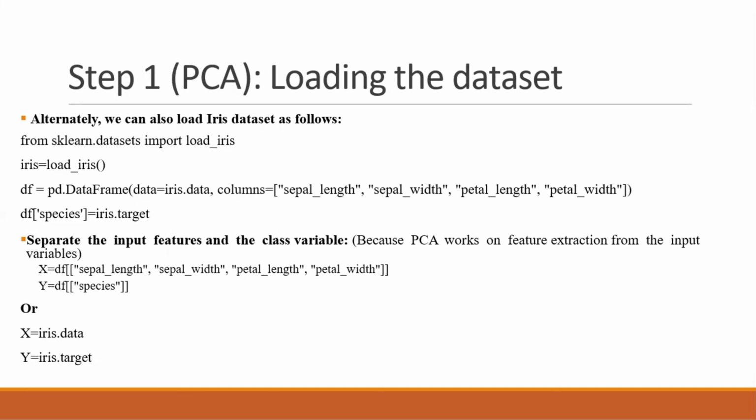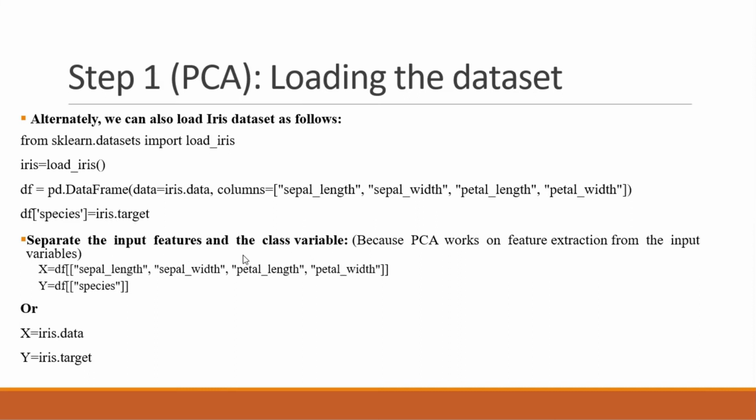But if you want to give the column names, with iris.data and the headings as sepal length, sepal width, you have to actually give all the names. So you can also append the species. Species can be appended in that same data frame by using this command df['species'] = iris.target.